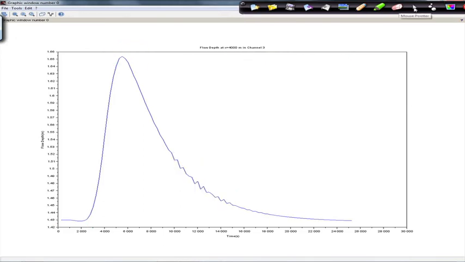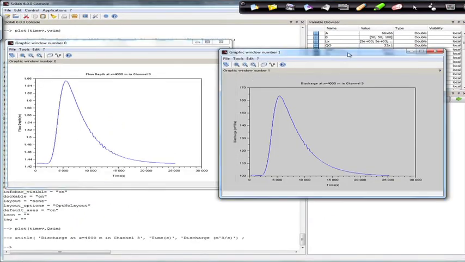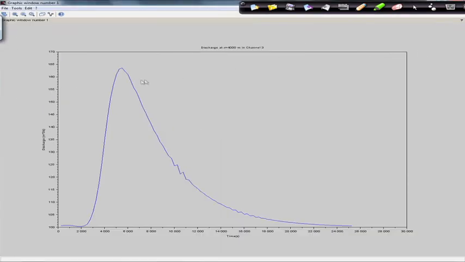We can change theta and psi values to get different values here for depth. In this case, this is a discharge plot, it is starting from 100 because we have specified 100 meter cube per second in this case. So, this is our plot that we have got.